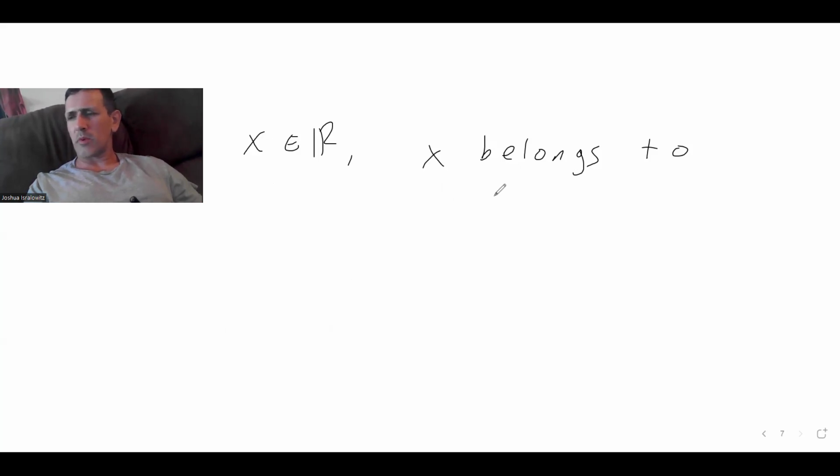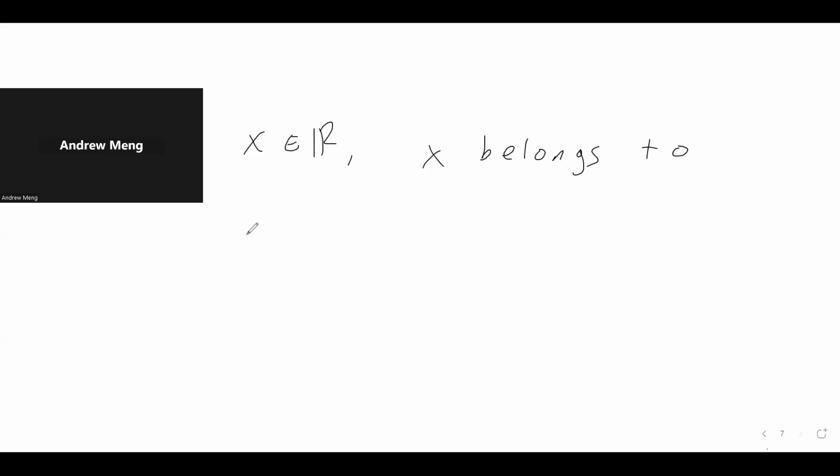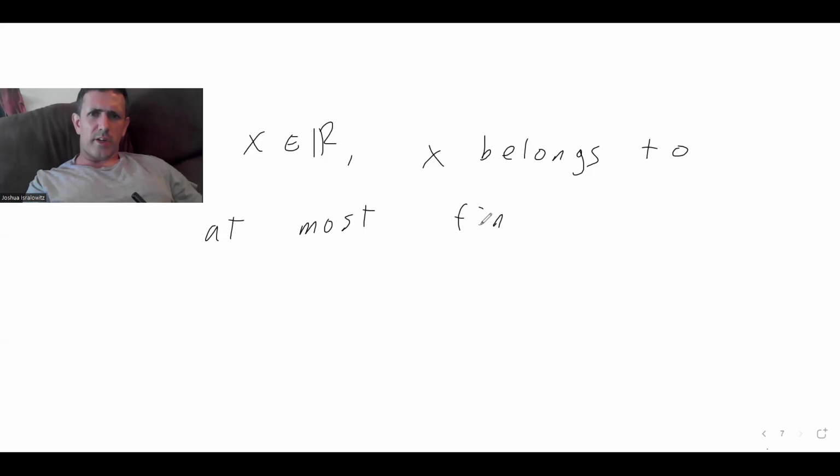Remember? So this is finite, so for almost every x, what is true? x belongs to at most finitely many A sub k's.